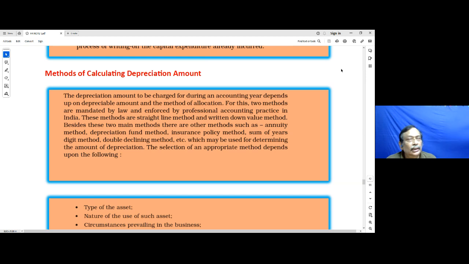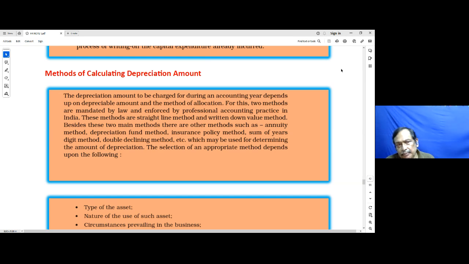One is called straight line method of depreciation or original cost method of depreciation, and another one is written down value or diminishing balance method of charging depreciation. So the most important issue is the depreciation amount to be charged during an accounting year depends upon depreciable amount and the method of allocation.